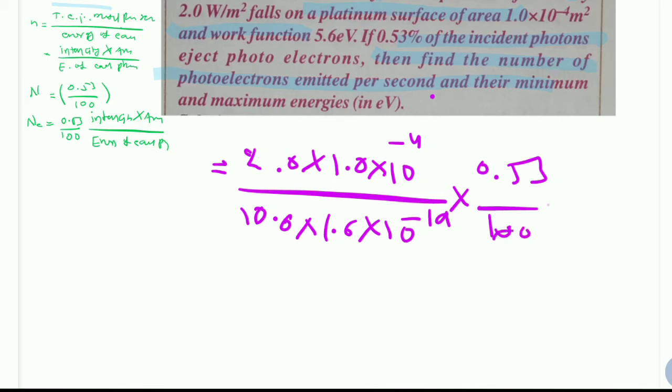After solving we get 6.25 into 10 to the power of 11.